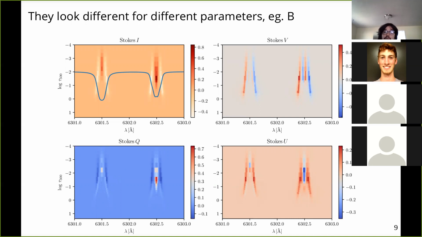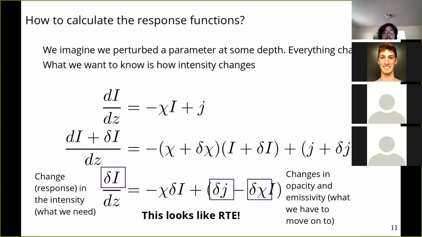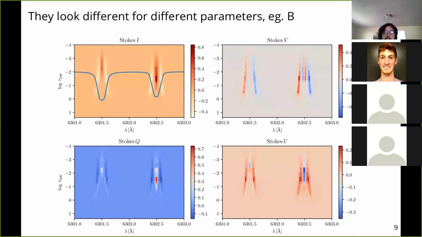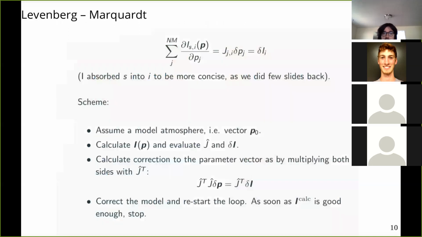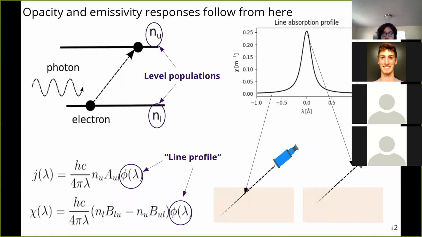If I perturb depth log tau equals 0, I'm going to get one value of my delta I here. If I perturb now at log tau equals -1, I'm going to get another one. So you will slowly, step by step, build these things here that you're going to use for your fitting, right? And that's a lot of work. That's a cumbersome but necessary thing to do, right?